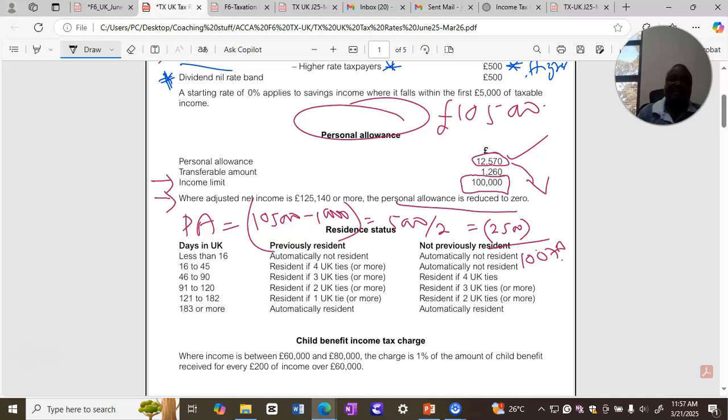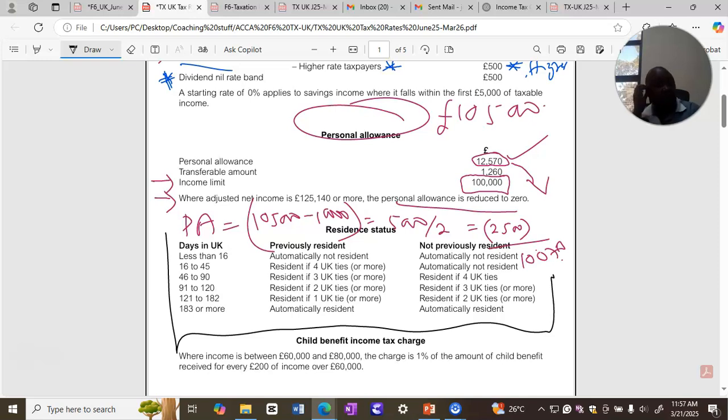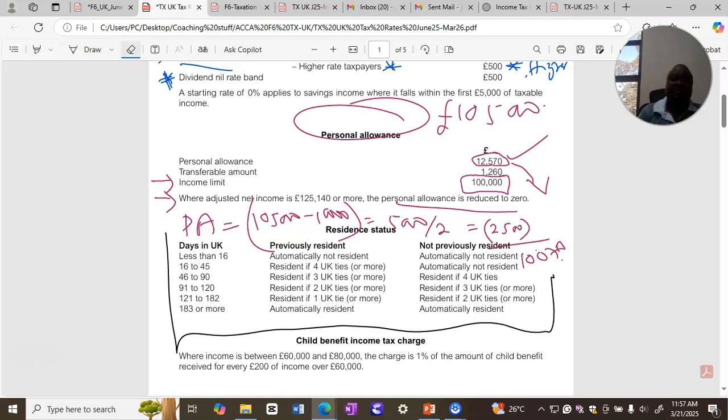Please understand the issues of residence. Understand these things because they're always going to come. They are always going to come. So please always pay careful attention and devote much of your time to these aspects.